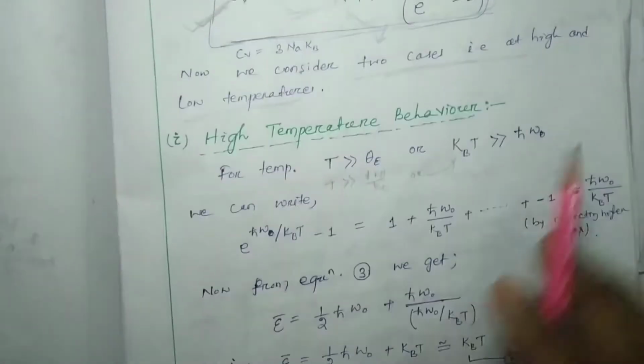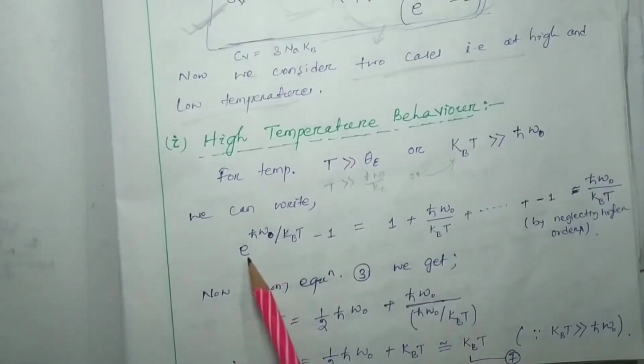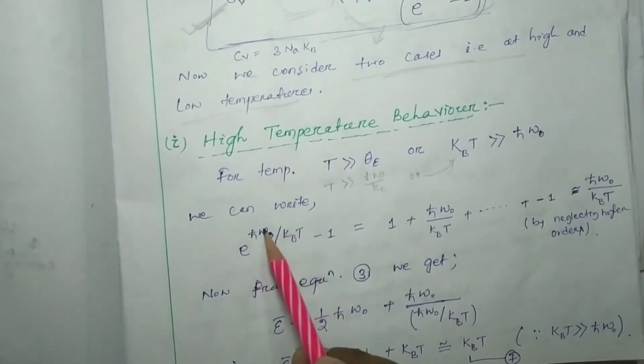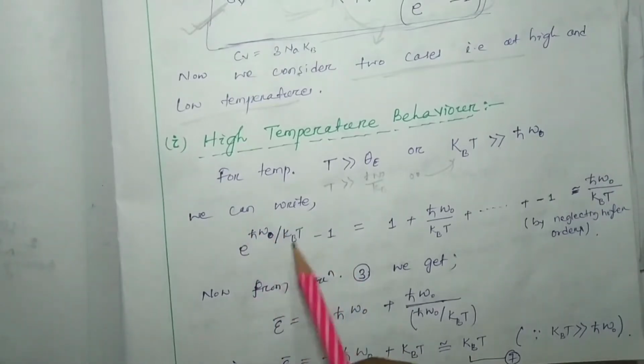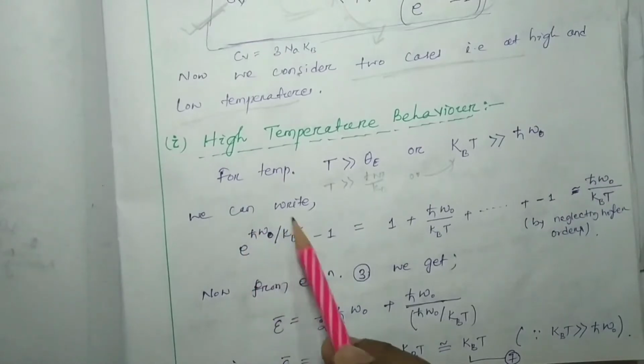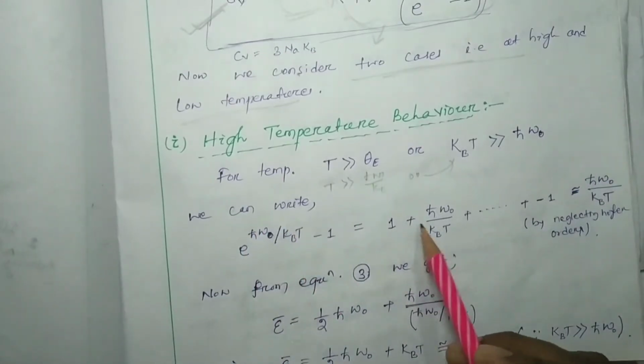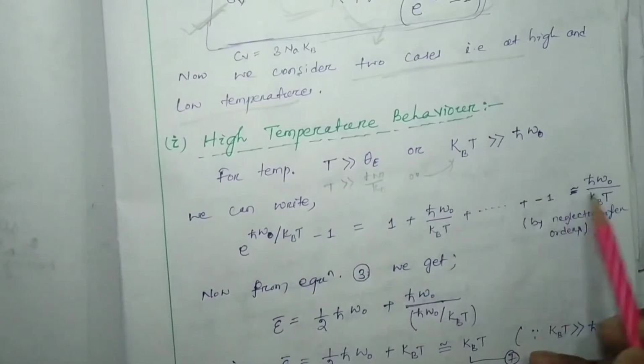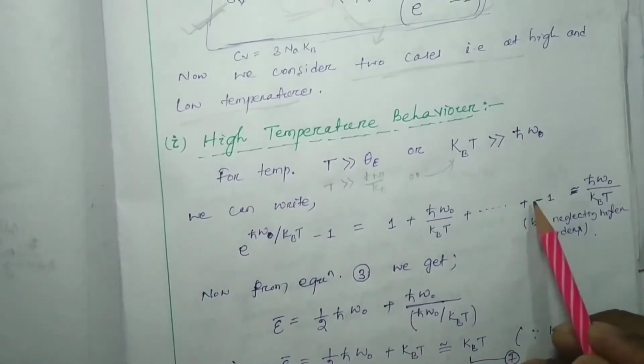Now we can write this one: e to the power h cross omega 0 by kBT, that means e to the power x minus 1. If I expand e to the power x, it will be 1 plus x plus x square by 2 factorial plus x to the power 3 by 3 factorial, like that. But higher terms we are not going to consider.